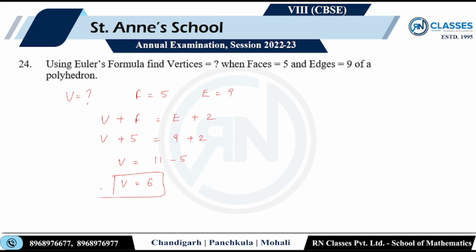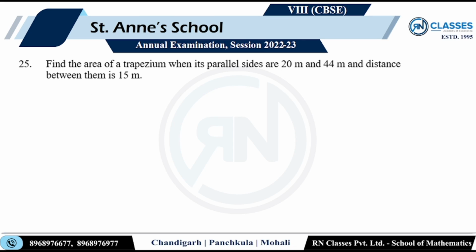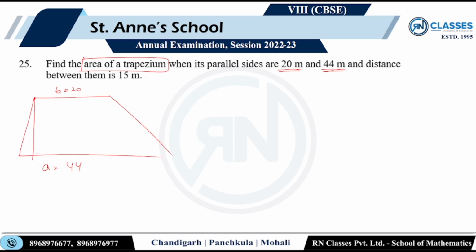Vertices are 6. Find the area of trapezium when its parallel sides are 20 meters and 44 meters, and the distance between them is 15. Okay, we have to find the area of the trapezium. First we visualize it so that we don't apply the wrong formula. One side is given to be 44, A is 44, B is 20, and the distance between them, h, is 15 meters. So what is the area of trapezium? We already know, right?